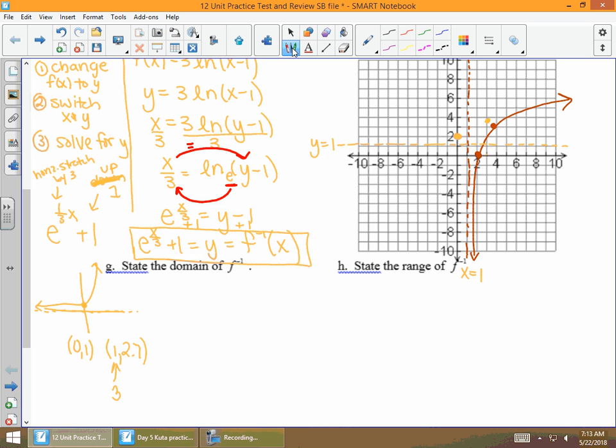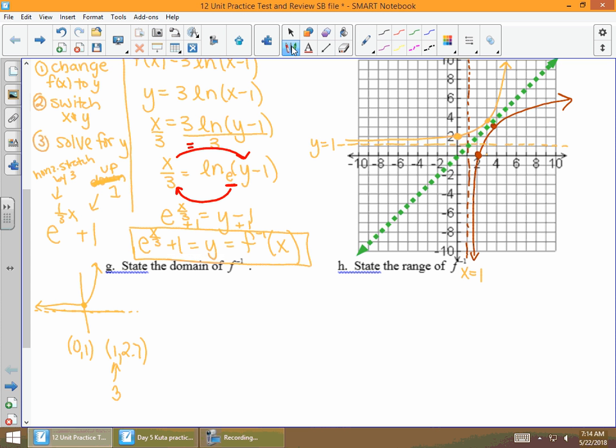Again, you can double check it a couple different ways. You're going to have symmetry across the line y equals x, which is really helpful for you. So that's this line right here. Symmetry across the line y equals x. You're also going to be able to flip those ordered pairs.